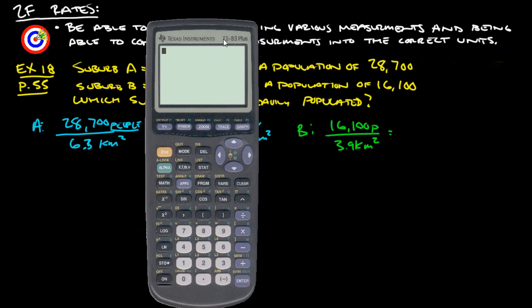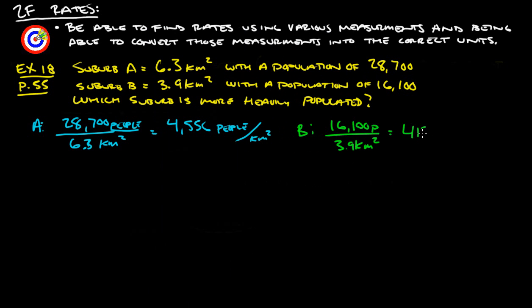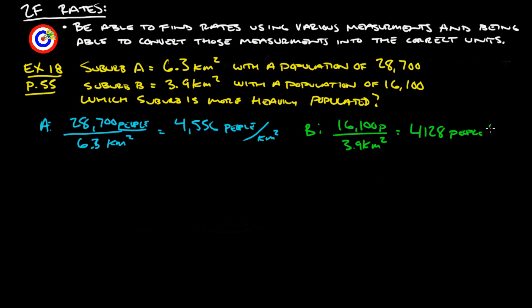Calculating that out, 16,100 divided by 3.9, we get 4128 people per square kilometer.